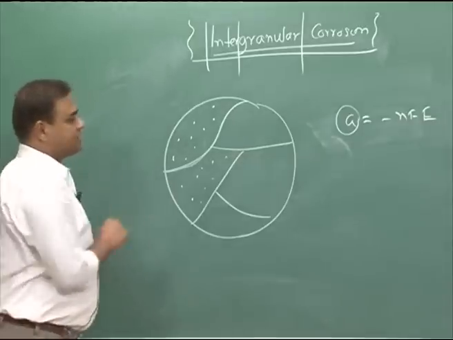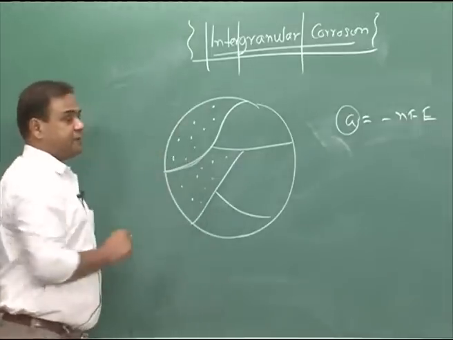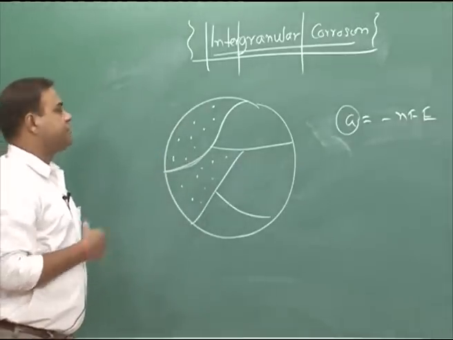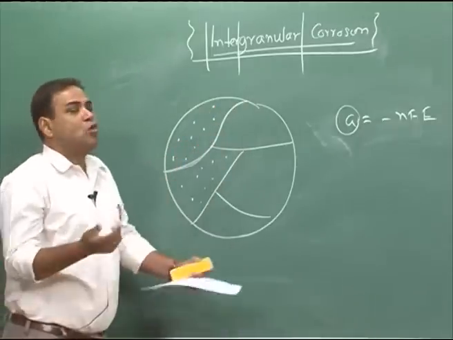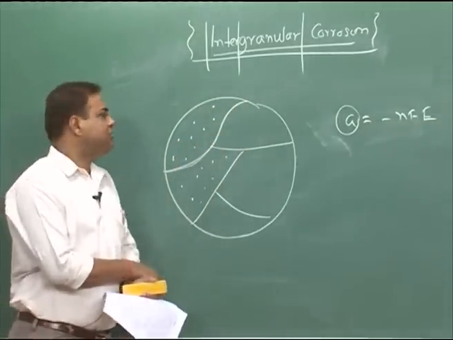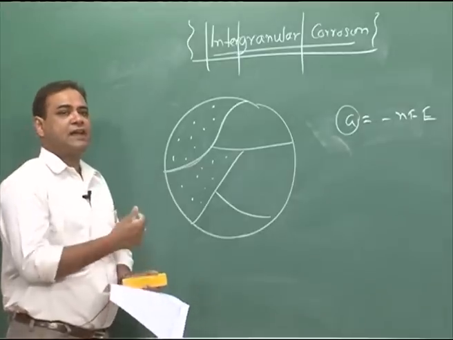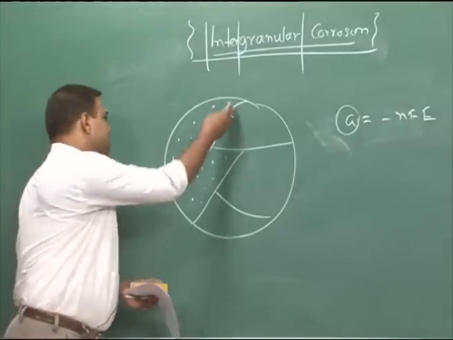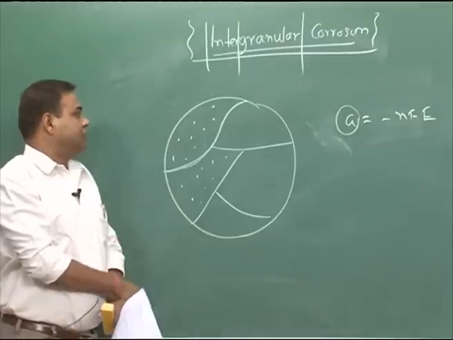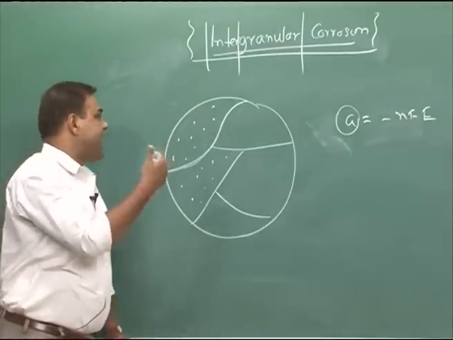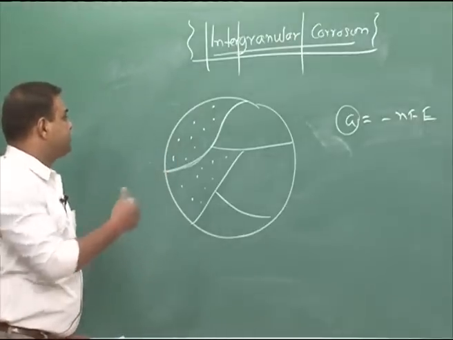Now, during over etching, though we see the etch pit, we do not generally see that the grain boundary regions are attacked more and more. The grain boundary regions, of course, will be attacked, but the severity of the attack along the grain boundary will not be that active or that exuberant in nature.